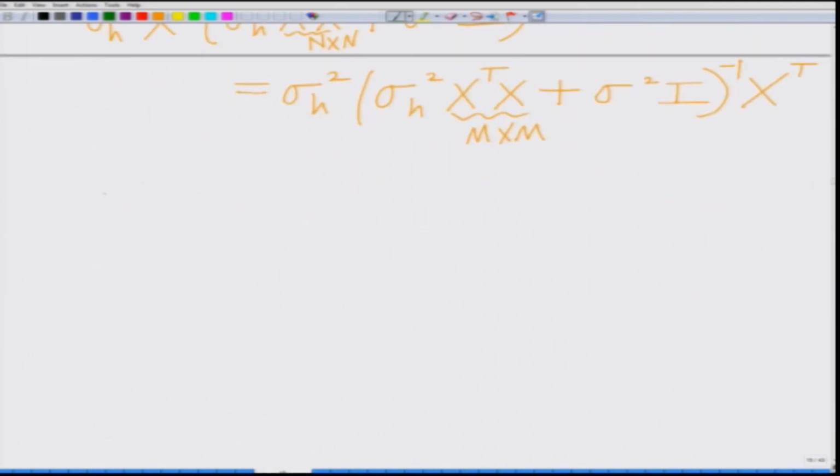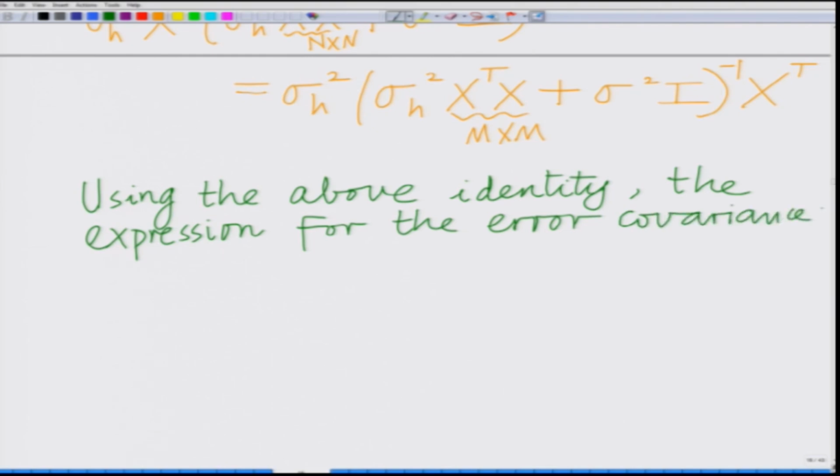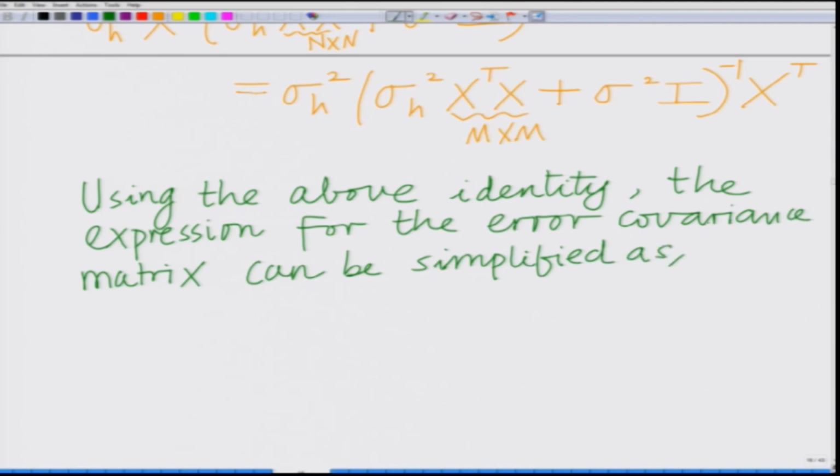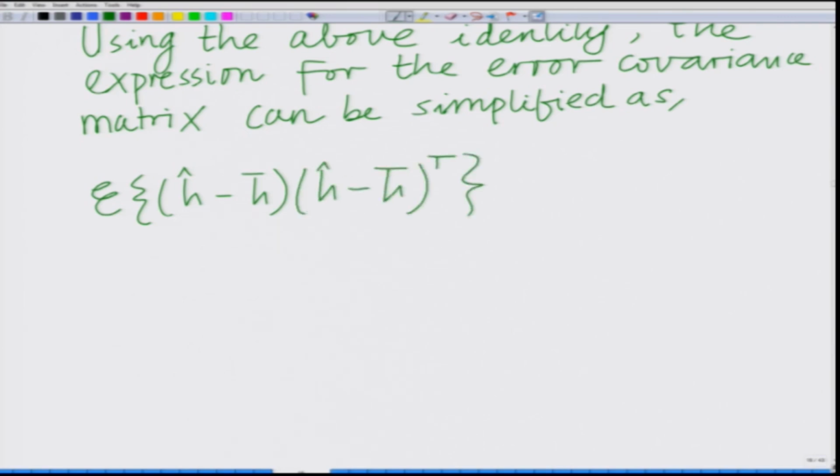Therefore, now the error covariance, using the above identity, the expression for the error covariance matrix can be simplified as, well, I have the expected value of h hat minus h bar into h hat minus h bar transpose.